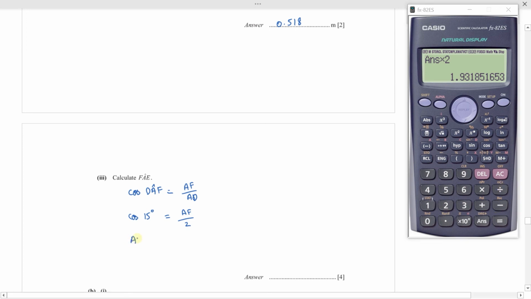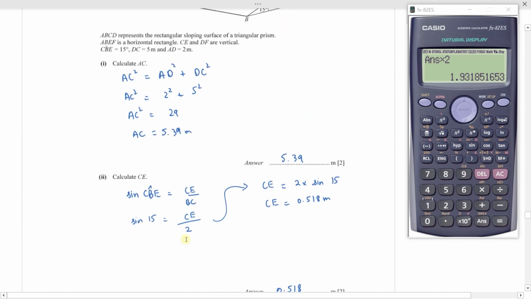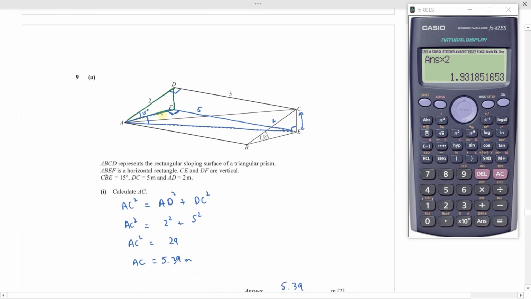So AF will be 1.932. So now I know this length AF is 1.932. This length here is 5. I need to find this angle FAE. So I can use tan of FAE for this right angle triangle AFE.